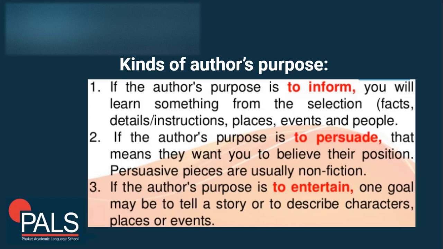Some examples of materials or texts that use this purpose are pamphlets, informative materials, health articles, textbooks, cooking books, because their aim is to inform or teach something to the reader.